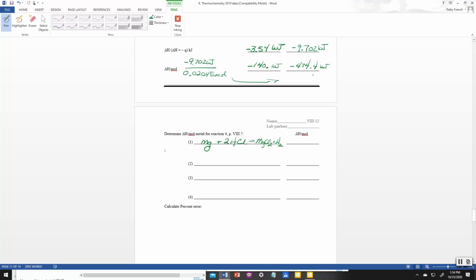And that was this delta H, negative 474.4 kilojoules. The second reaction was the magnesium oxide. I guess it actually was the first reaction, but I wrote it down second here. And its delta H from up there was 140 kilojoules per mole.